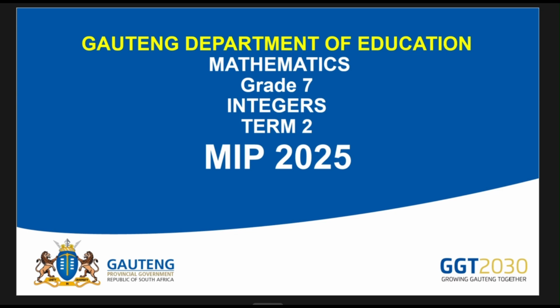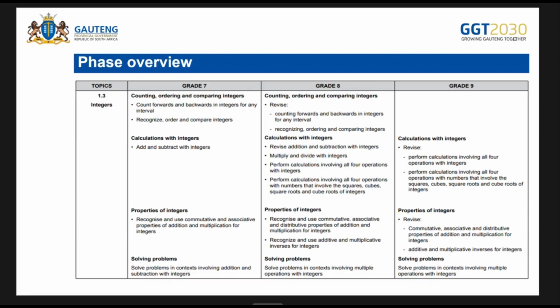Our lesson focuses on integers, a concept learners are introduced to in term 2 of grade 7. The following slide shows the overview of integers as learning progresses through the senior phase. Here, you'll see that it is important for us to ensure that learners are able to count, order, and compare integers.